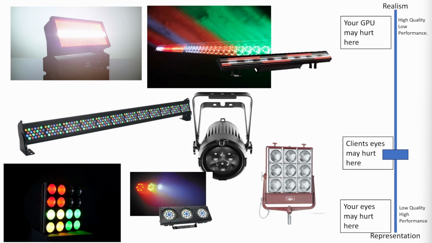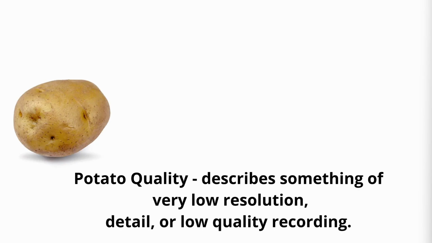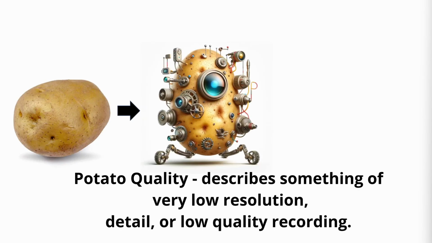So now that you can see how complicated this is, I have a very intuitive method to explain this to you guys. I'm going to go from a potato level quality to a potato quality with a bunch of gadgets.